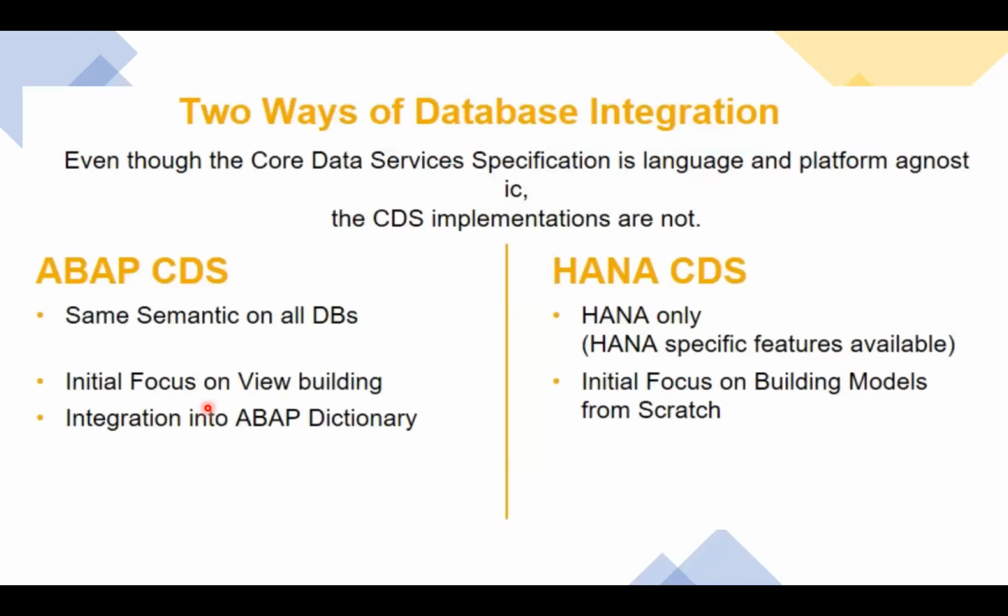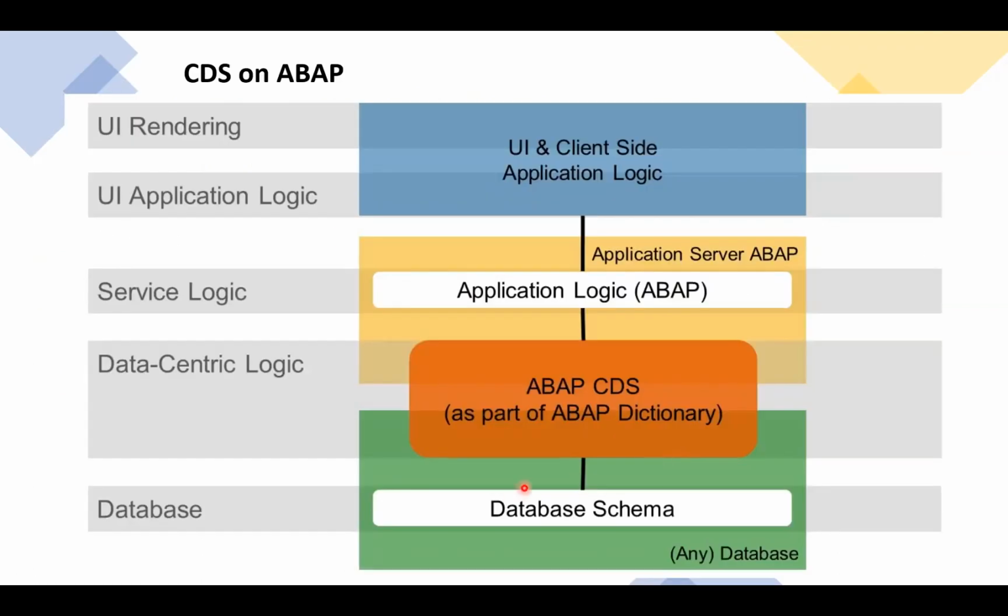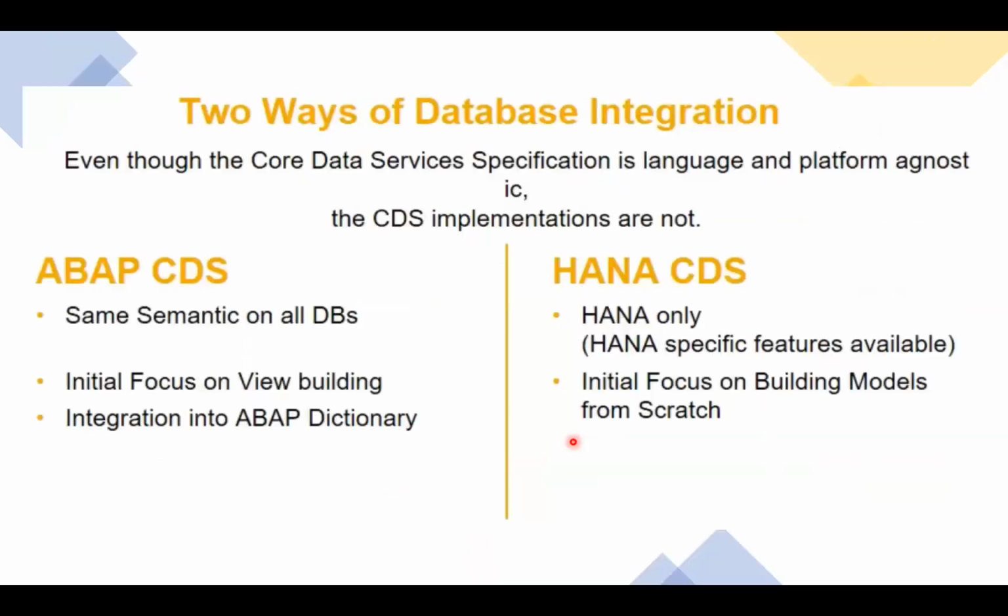It says the initial focus is on building models from scratch. HANA CDS we just built from scratch. But in the ABAP CDS case, SAP has delivered a lot more CDS views. If we want to use them, we can. Otherwise, if we want to go for scratch development of a CDS view, we can do that.